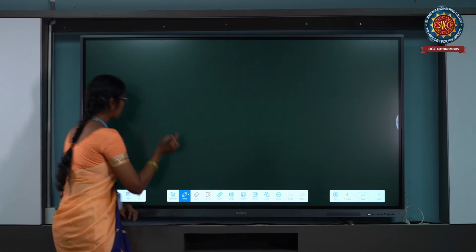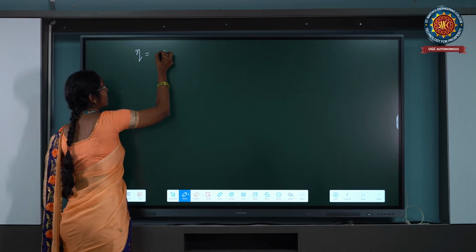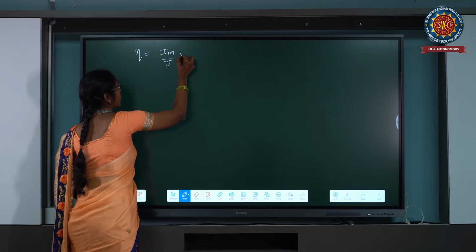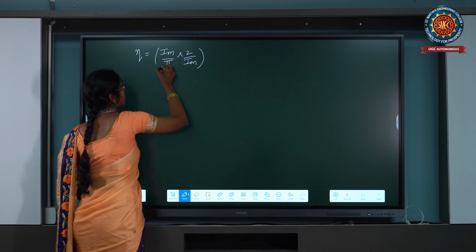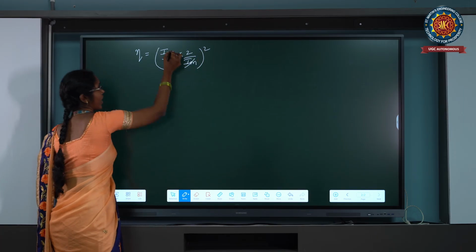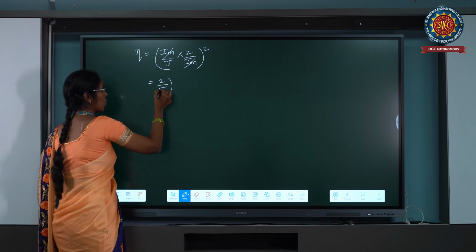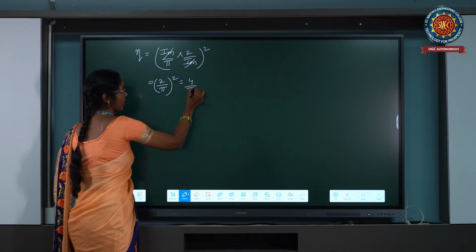Next we have to calculate efficiency, that is Im by pi into 2 by Im whole square. Im gets cancelled, that is equal to 2 by pi whole square, that is equal to 4 by pi square.